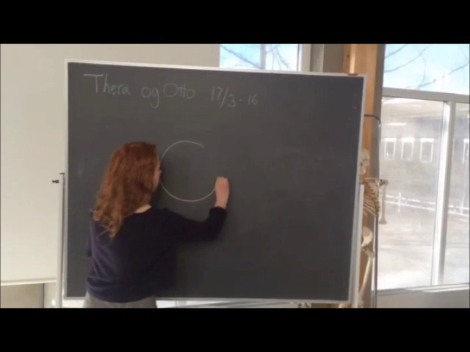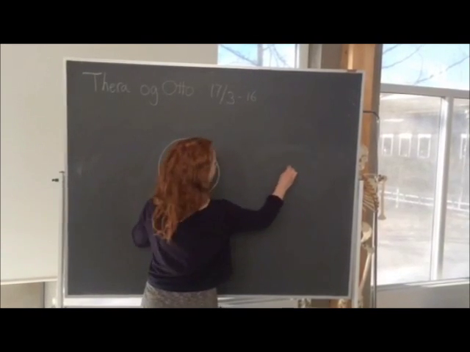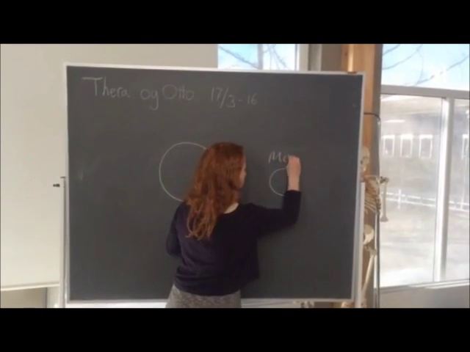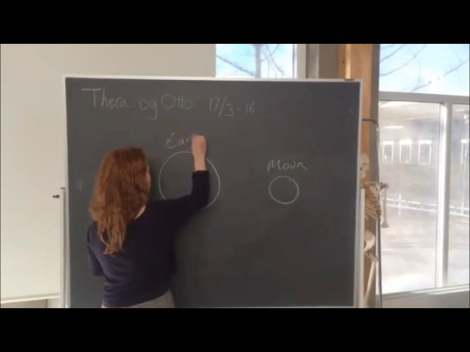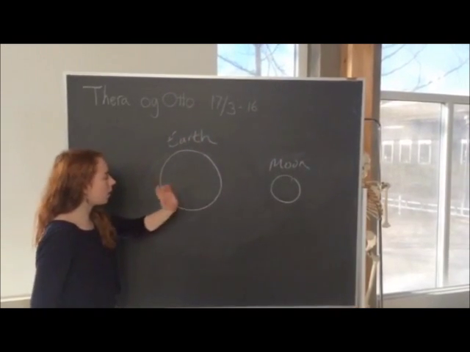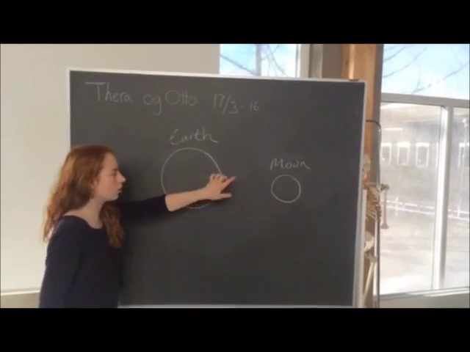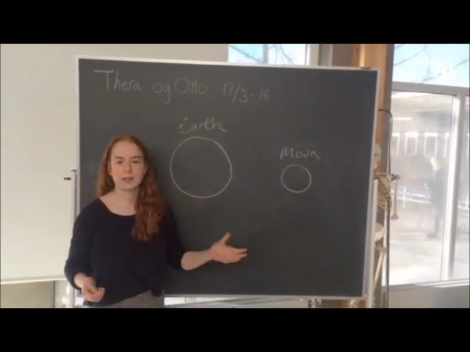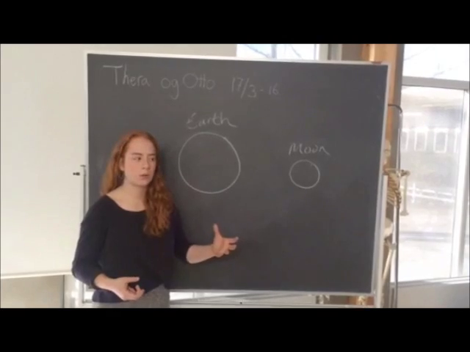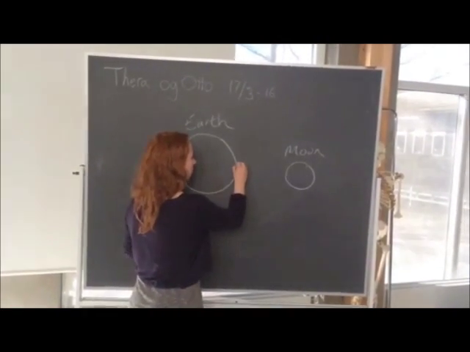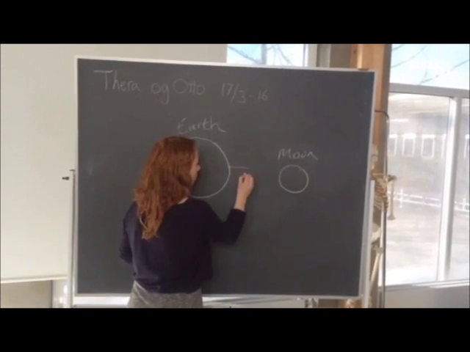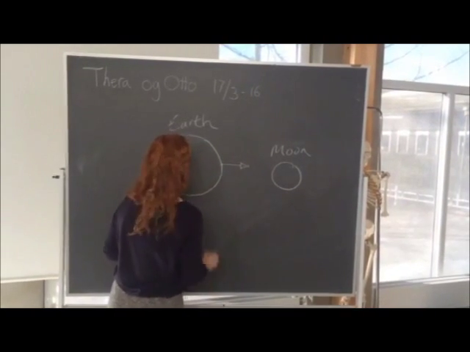So this is Earth and this is the moon. A point closer to the moon will be more affected by gravity. The force would be more powerful, which means that this point would be drawn more towards the moon than this point.